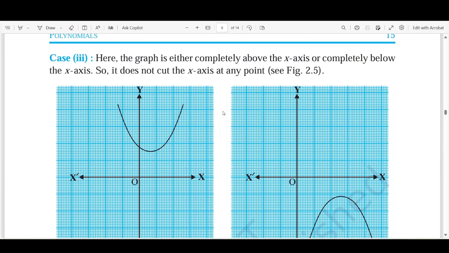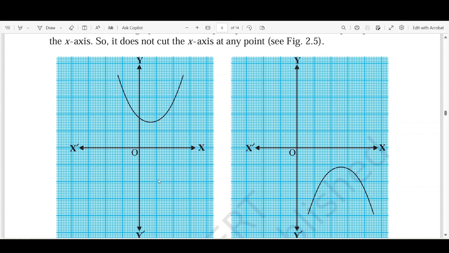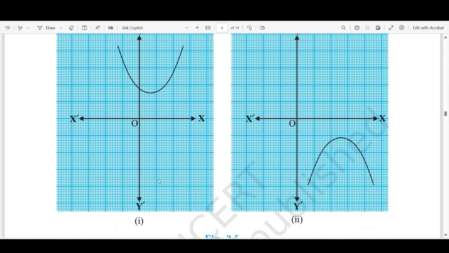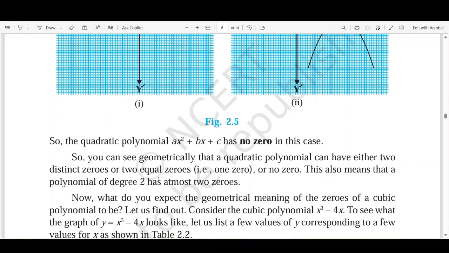Case 3, here the graph is either completely above the x-axis or completely below the x-axis. That is, the parabola will never intersect the x-axis, which means there will be no 0 for the quadratic polynomial what we have considered.